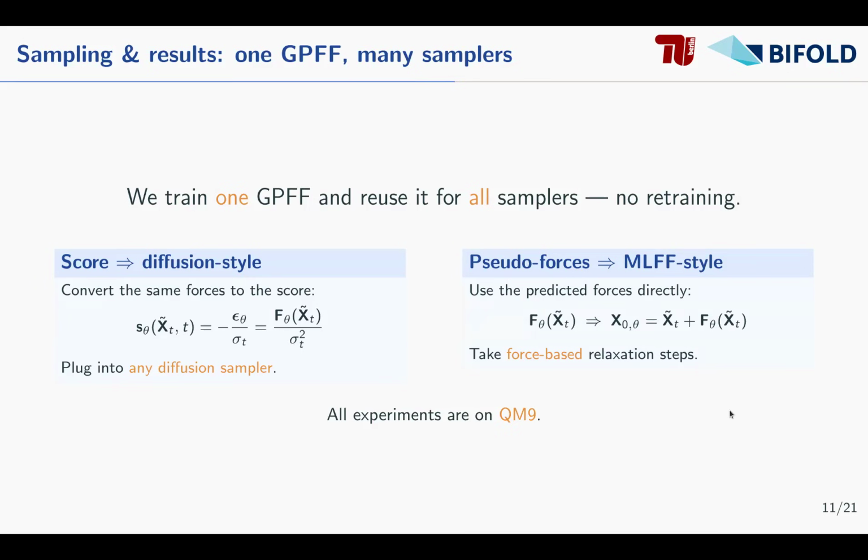So what we can do is just follow one pseudo-force update step without any step size, and from this equation we end up at the equilibrium positions, at least in theory. And those are the two different approaches to generate new samples. And next, I will show them in a bit more detail and show some experiments that we did on QM9 for this.